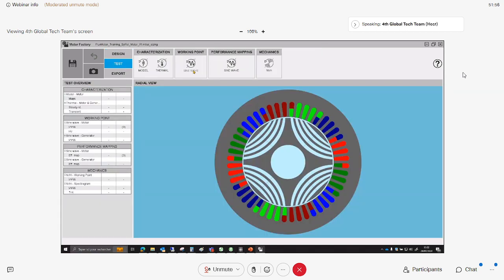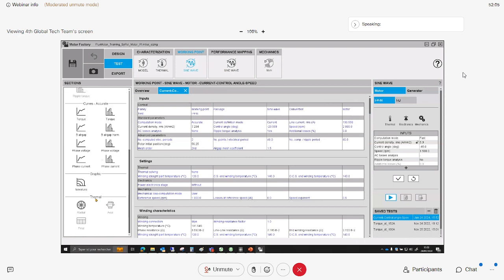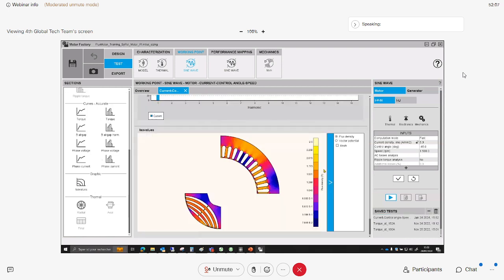Okay, so if I go to the initial sizing, we can see the iso lines, you can see max density, and so on.